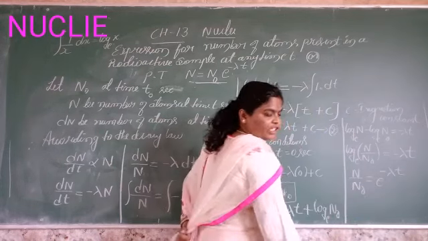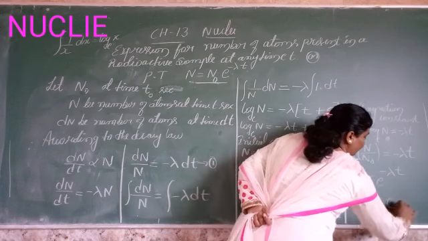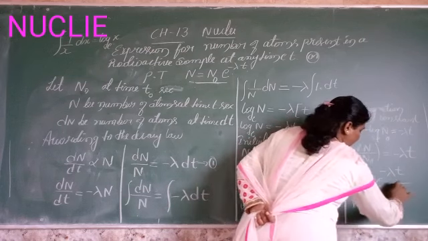Now shifting n naught to this side, n is equal to n naught e to the power of minus lambda t.